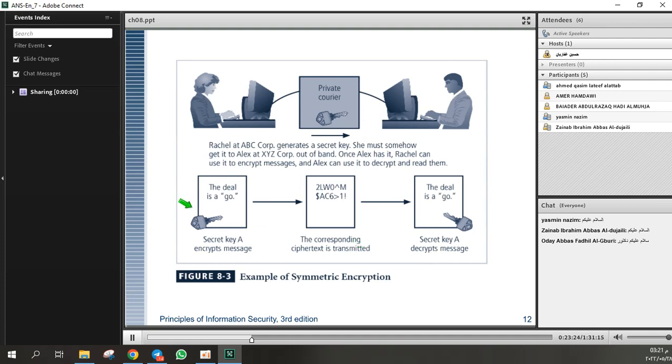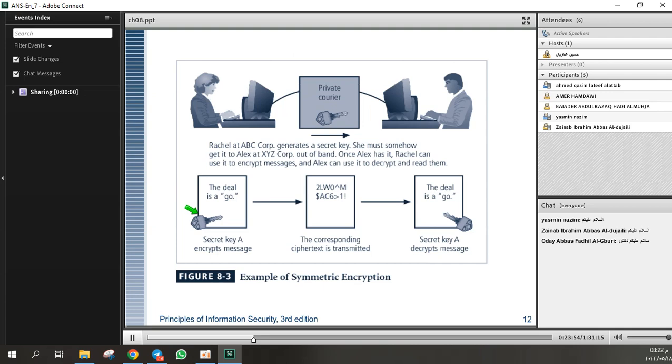So the sender encrypts the message with a symmetric key, and the receiver decrypts the message. This is the plain text, encrypted text, and again plain text. The plain text at the receiver is decrypted by a key similar to the key at the sender.